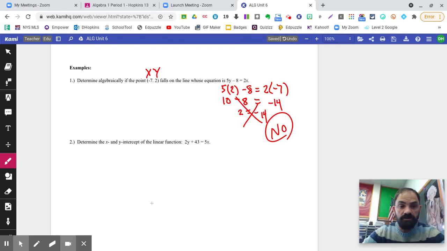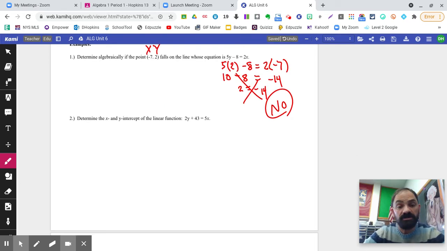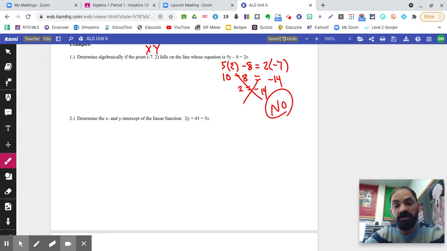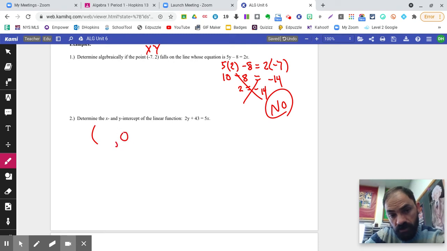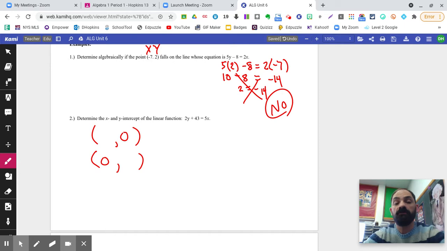All right, number 2, determine the x and y intercepts. So once again, to determine the x-intercept, you plug 0 in for y. So this is what it's going to look like because they should be ordered pairs. So the first one, remember every point has an x and a y. Plug 0 in for y.